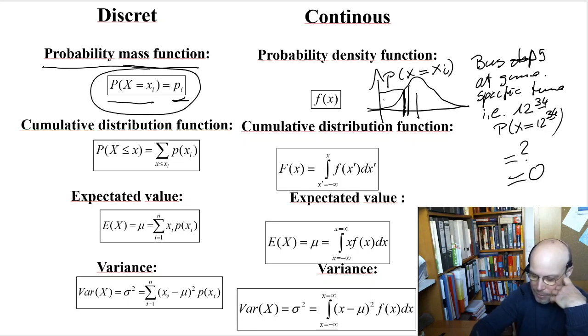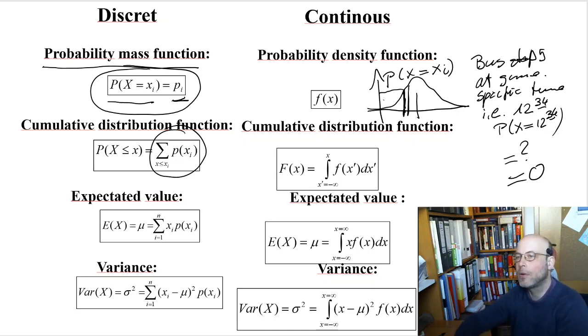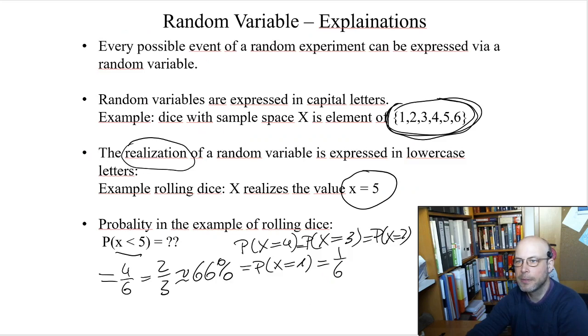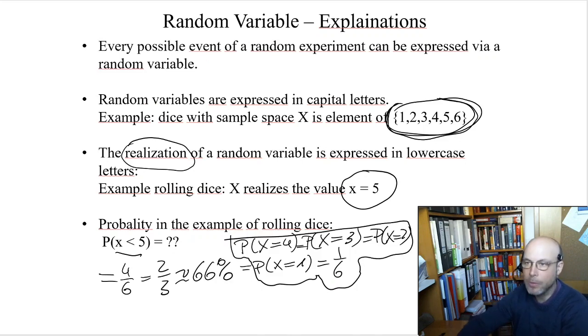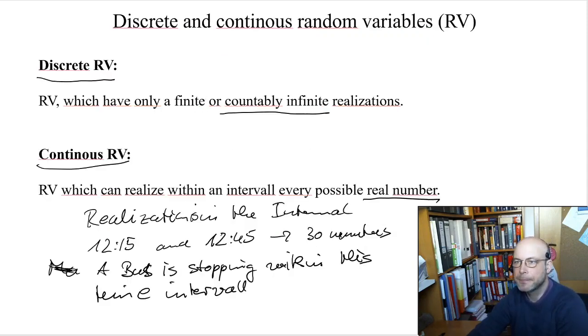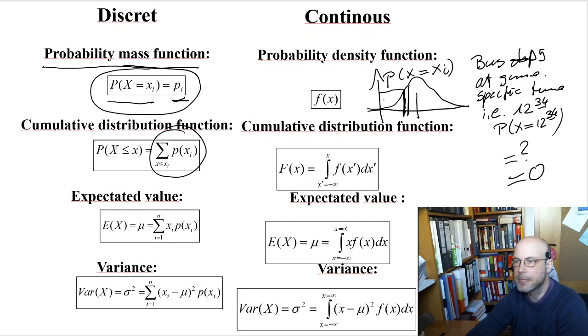And if we take the discrete case, then it is just summing up all our probabilities. This we have done here. In our example, we had these four probabilities, always 1/6, and we summed it up. 4 times 1/6 is just 4/6. But in the continuous case, we have to take the interval.